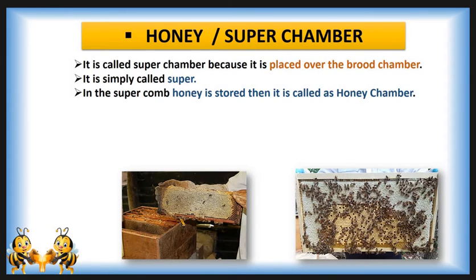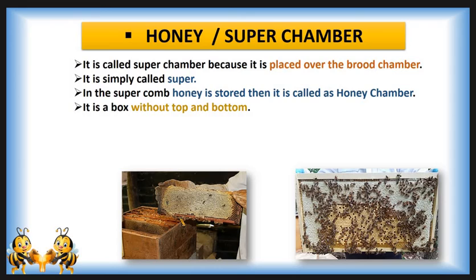In the super comb, honey is stored, so it is then called the honey chamber. The super chamber is placed over the queen excluder, and the queen excluder prevents the entry of the queen into the super chamber, to prevent egg laying in the super chamber.